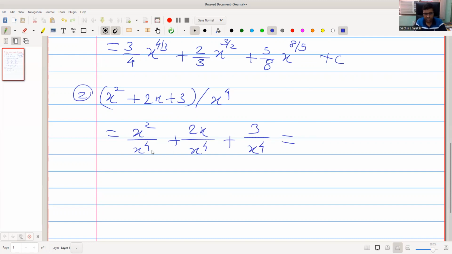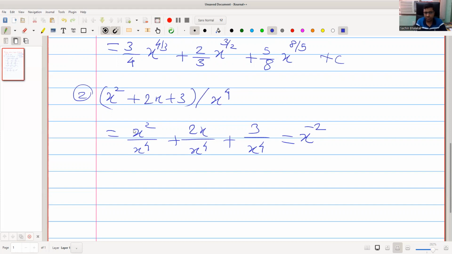And on simplification we get this as x square divided by x raised to 4. It is 1 upon x square, or rather we can write x raised to minus 2. Okay, because 1 upon x raised to 4 can be written as x raised to minus 4 in the numerator.